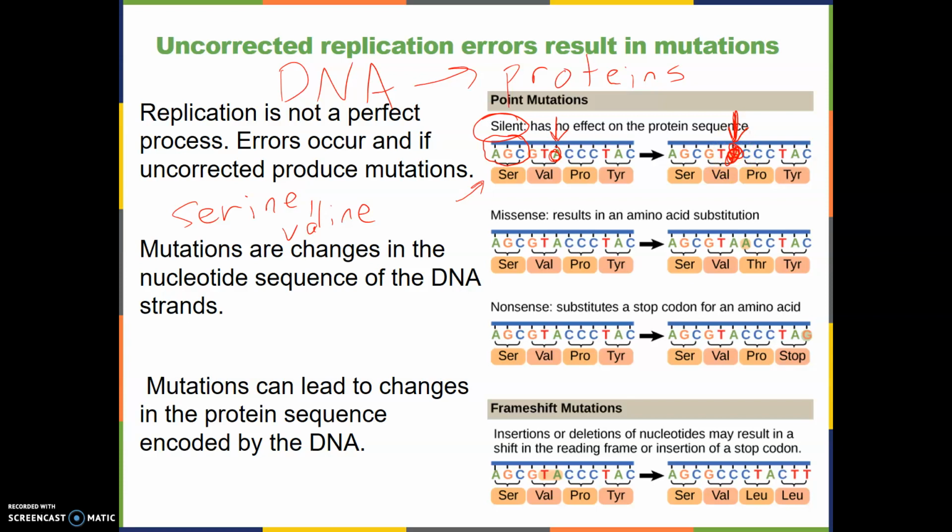A missense mutation results when an amino acid is substituted, when it results in a different amino acid. So, let's see here.